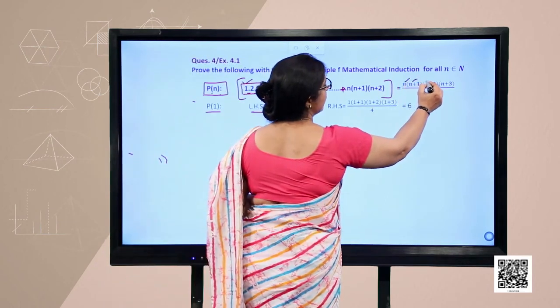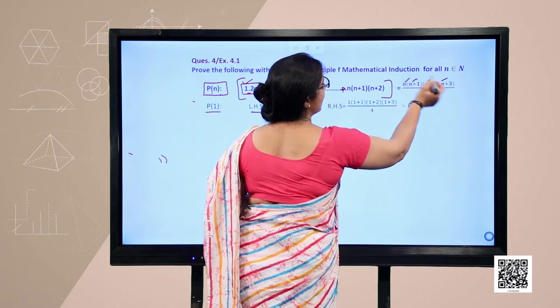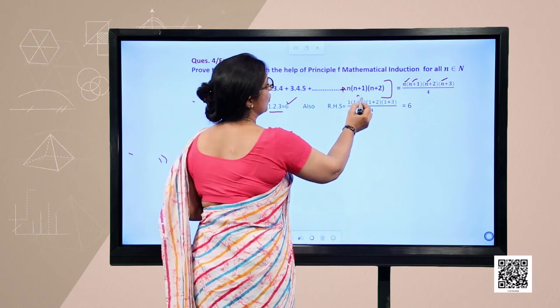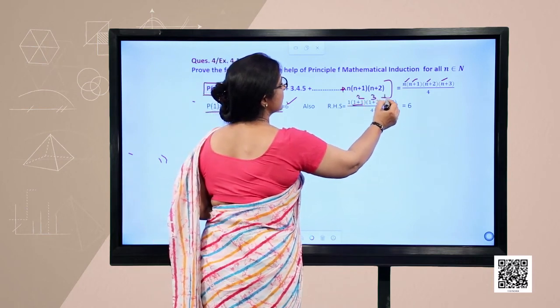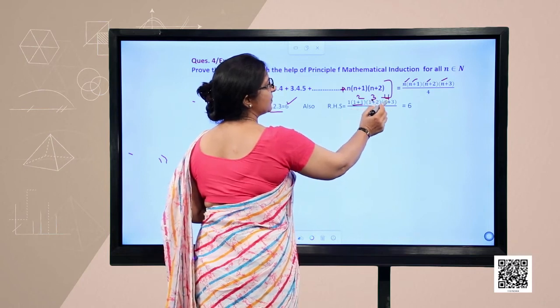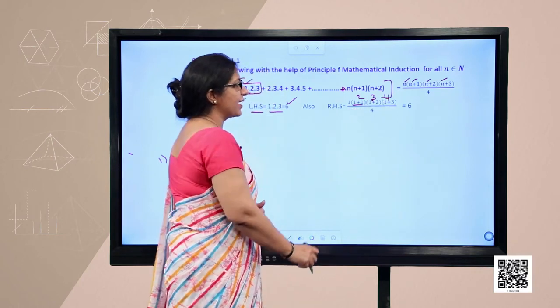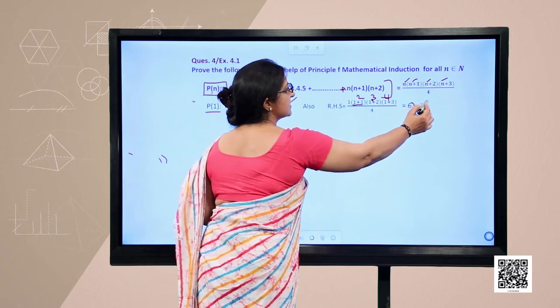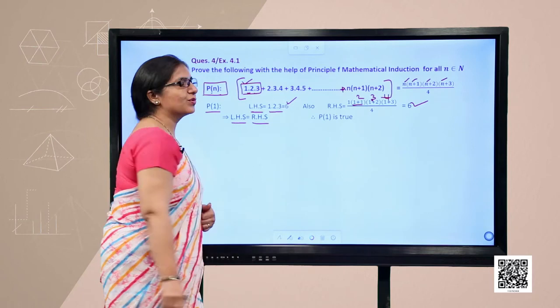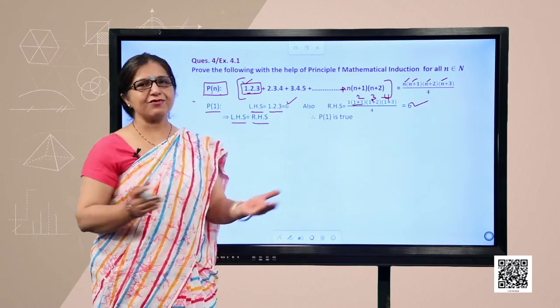Wherever there is n, we will replace it by 1. This is 2, this is 3, and this is 4. 2 multiplied by 3 is 6, 6 multiplied by 4 is 24, divided by 4 gives us 6. So we can say that left hand side is equal to right hand side, therefore, P(1) is true.